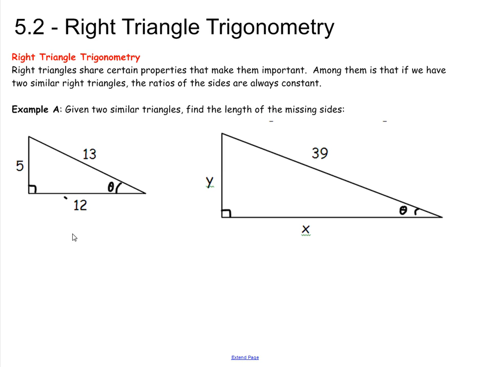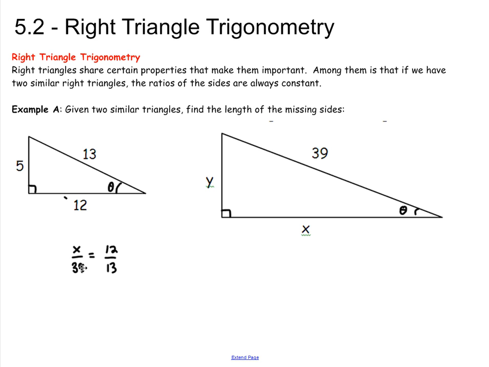Well, most certainly, if I was interested in finding the length of side x, I could tell you that the length of x divided by its hypotenuse 39 was exactly equal to the length of 12 divided by the hypotenuse here, 13. And if we wanted to solve for that, it's a very easy solve for us.